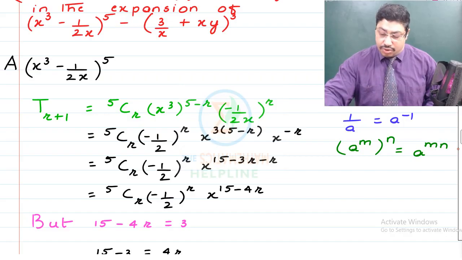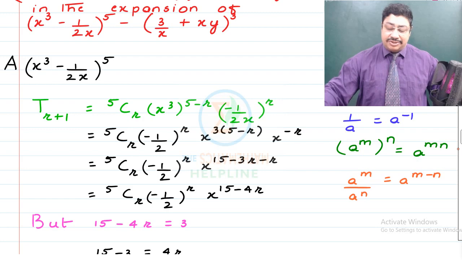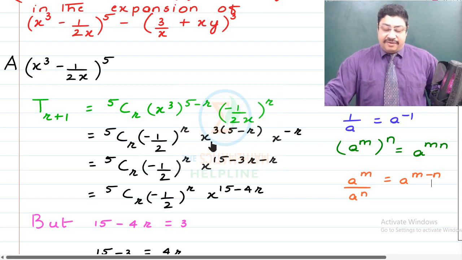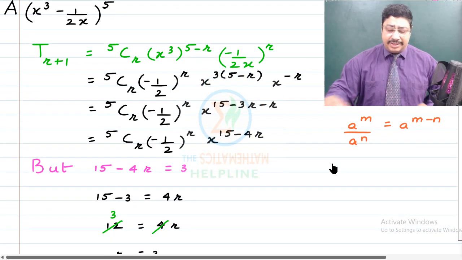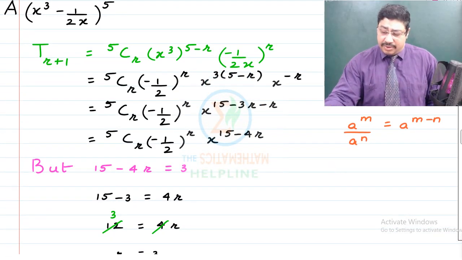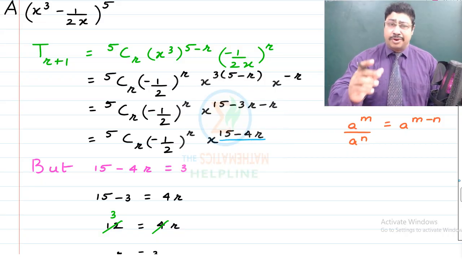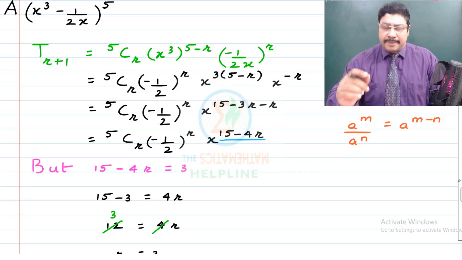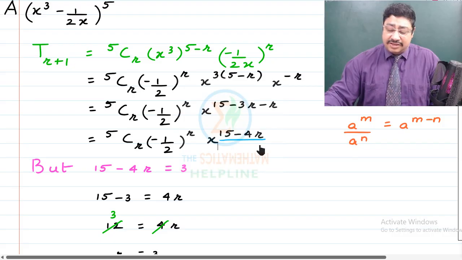That is, if you talk about some a raised to the power m, which is divided by a raised to the power n, then by the quotient rule, children, we have this to be a raised to the power m minus n, which has got applied here, right? And further, we have the final power of x to be found out. But this power of x should actually be 3 because we are talking about such a term which contains x cube. So as such, we'll be talking about 15 minus 4r to be equal to 3.